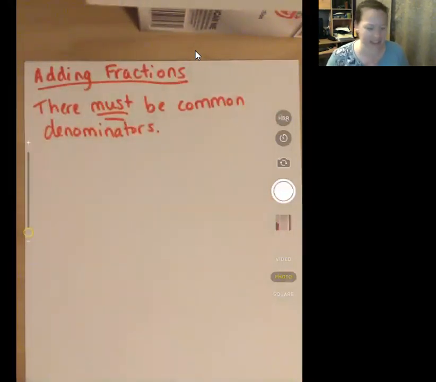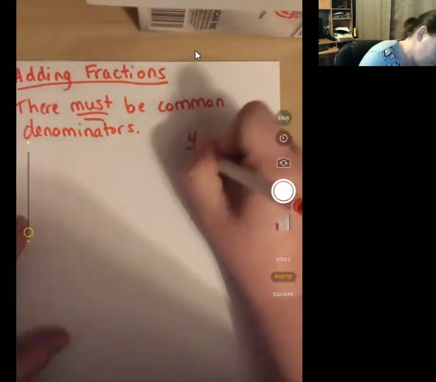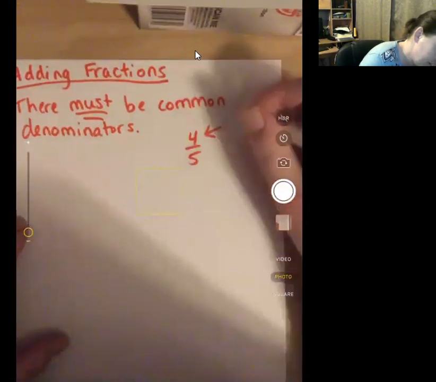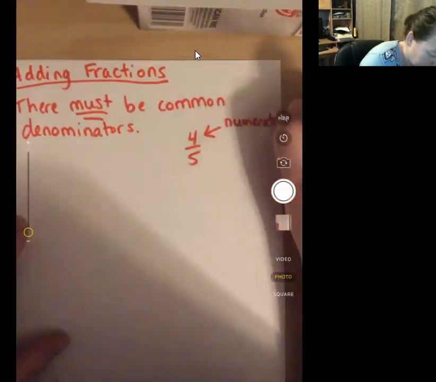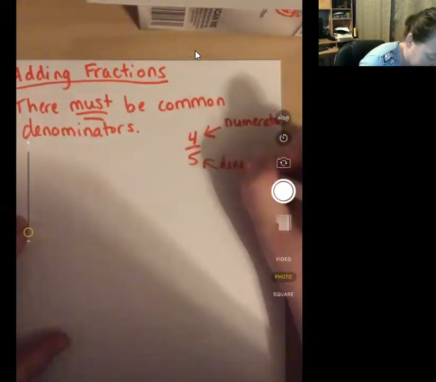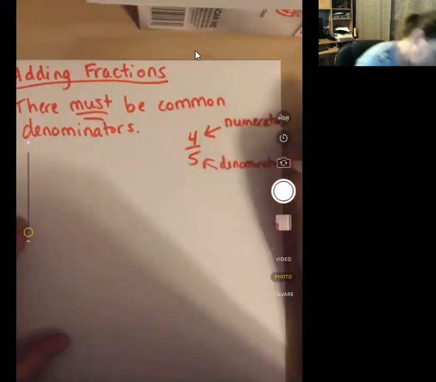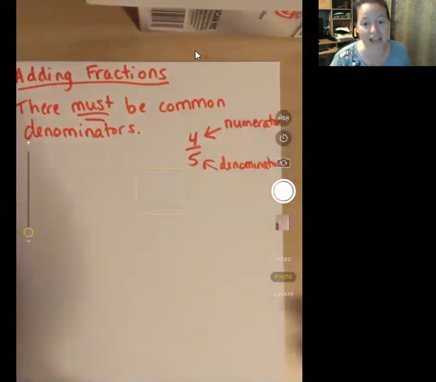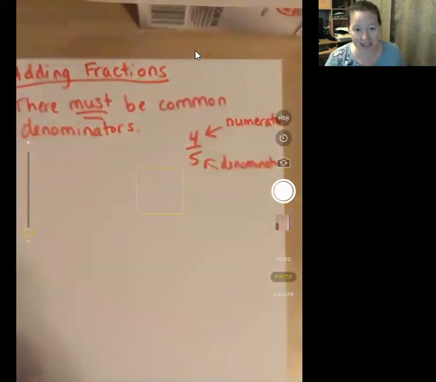So I guess in case we're forgetting which is which, if I have 4/5, that is called the numerator. And that is called the denominator. If you're adding and subtracting, the denominator, the bottom number, has to be the same.